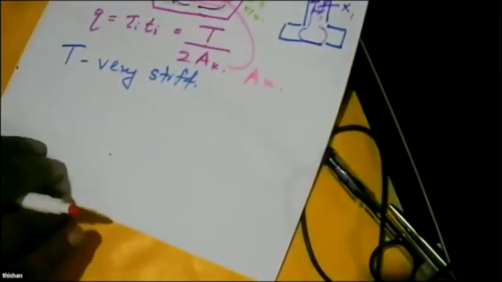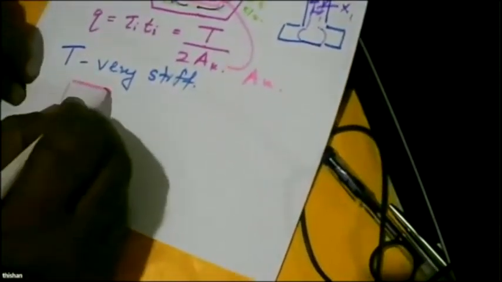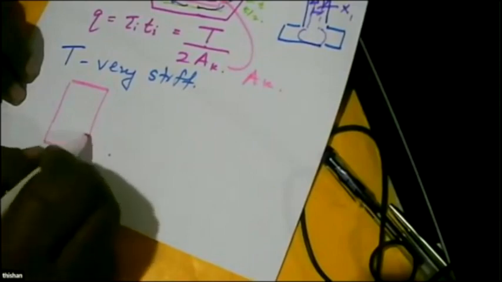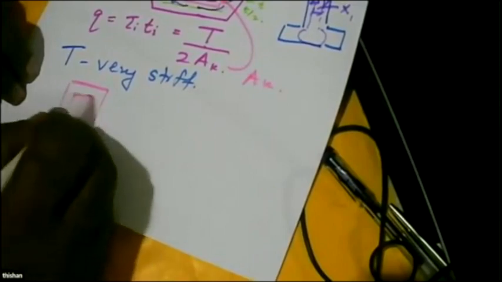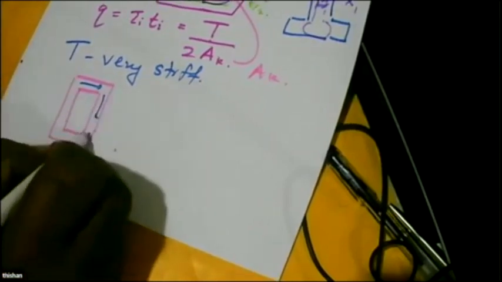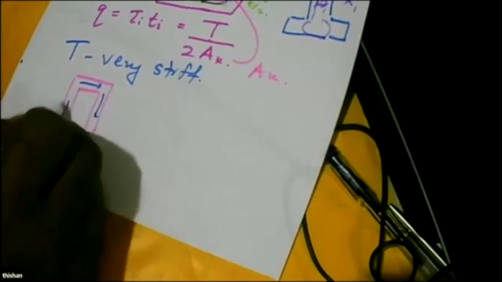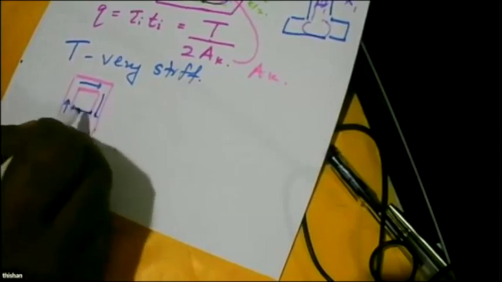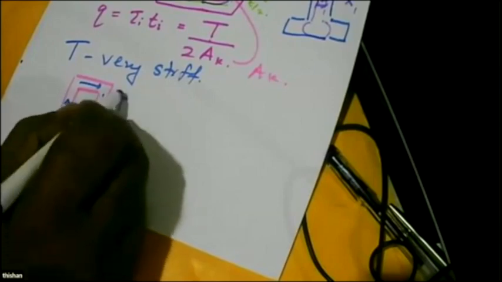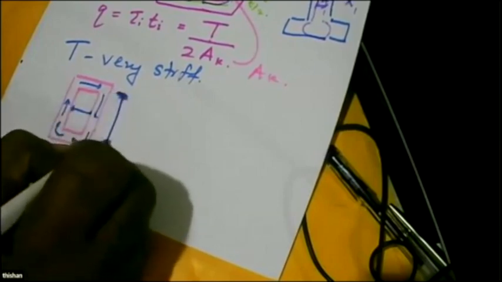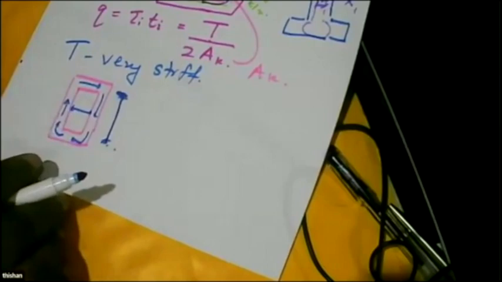So if you have a section of rectangular shape, what will happen? The torsional shear will flow like this. But here the lever arm is small, here the lever arm is big. So what will happen?